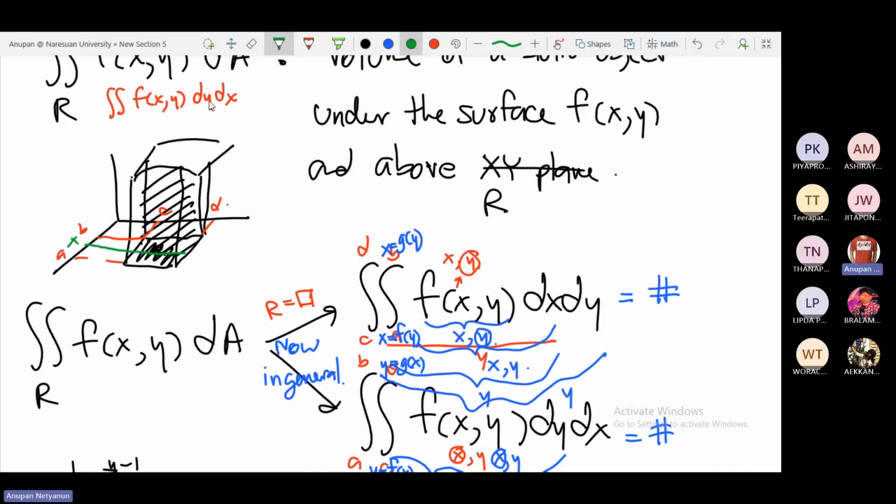And you want to integrate with respect to y. Let's look at any y on here. Remember, then I construct a small side on the x-axis, this small side dx and this side dy.